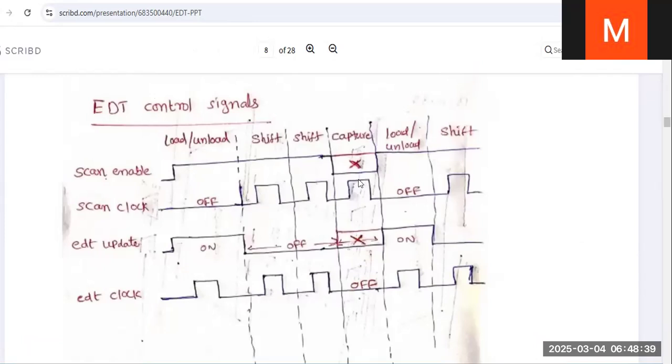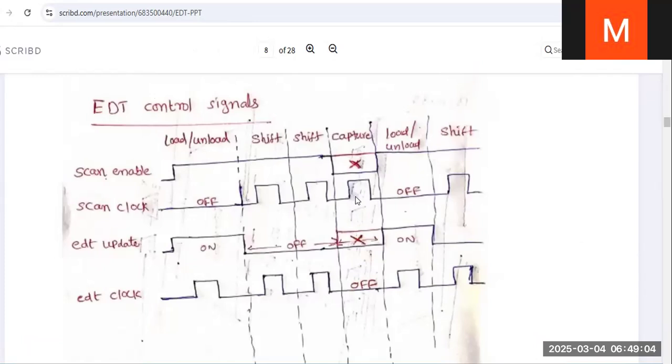During the capture, see here, the EDT clock should not pulse. Only the scan clock is going to pulse. When the scan clock is pulsing, the functional data is loaded. In the capture phase, the functional inputs are loaded into the logic block.